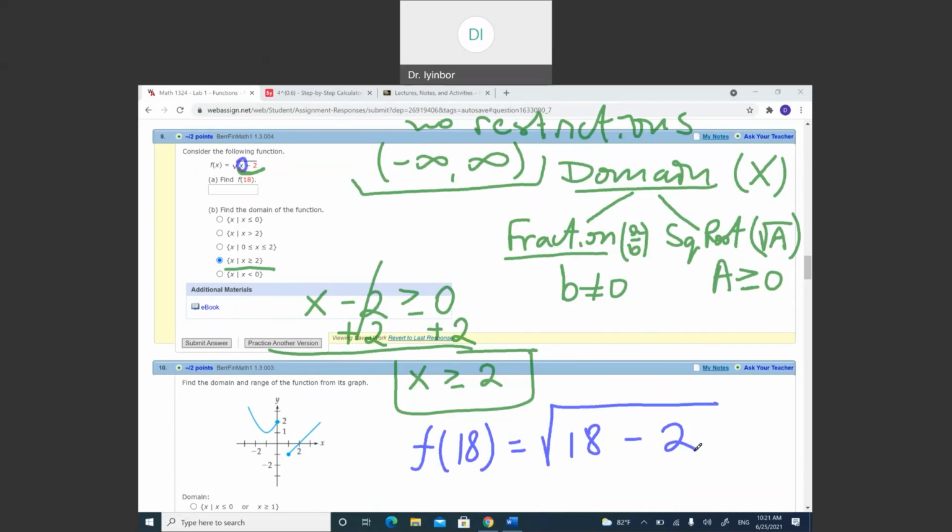So what is the square root of 18 minus 2? If you want, you can use a symbol app, put it in the calculator, and it's going to give you the answer. Or this is easy to do. 18 minus 2 is 16. So what is the square root of 16? That's 4. So the answer is going to be 4. That's how you do number 9.